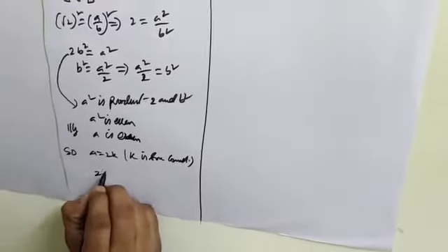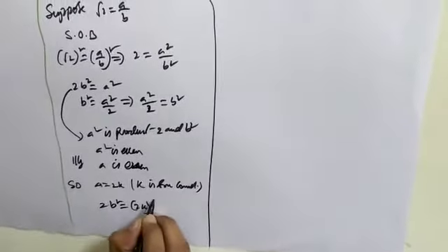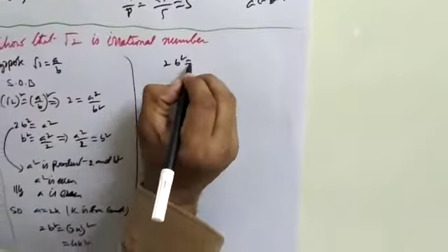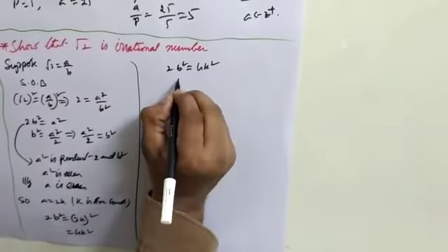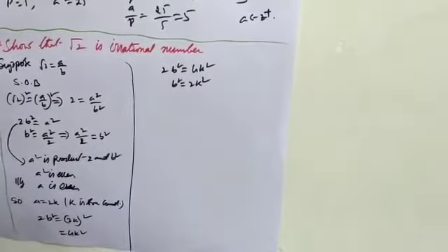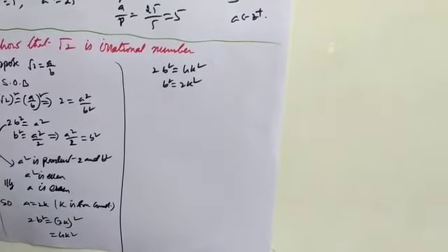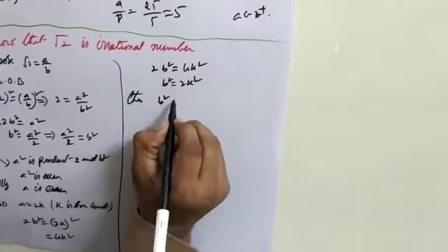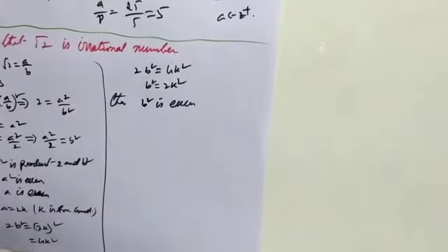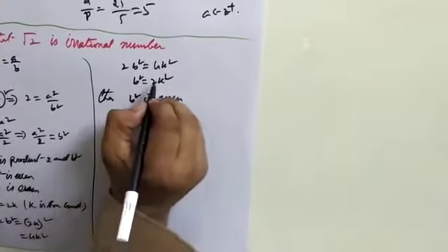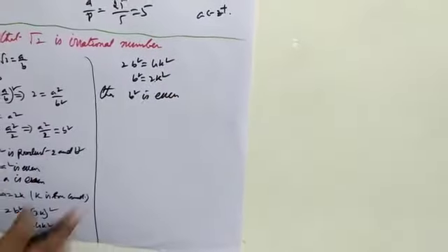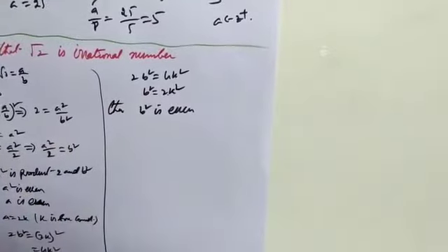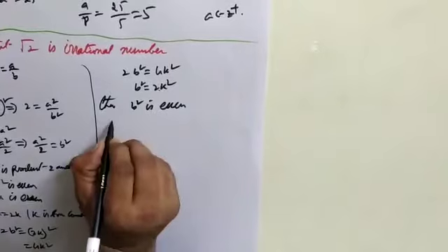Therefore 2B square is equal to 2k whole square, that means 4k square. So 2B square is equal to 4k square. 2 gets cancelled, B square is equal to 2k square. Now B square is an even number, because of multiplication with 2, with k any number.